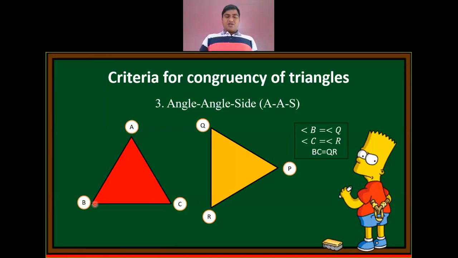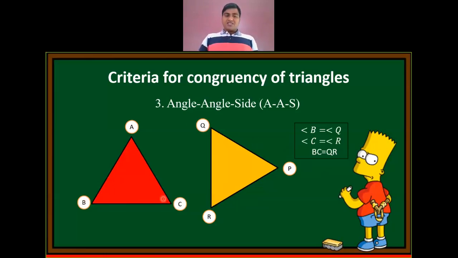So this side is the included side, but in this congruency, the side may not be an included side. Because if angle B equals angle Q and angle P equals angle A, then automatically we can say that angle C equals angle R, because angle C is 180 degrees minus the sum of A and B, and angle R equals 180 minus the sum of angle P and angle Q. But angle B equals angle Q and angle A equals angle P. So 180 degrees minus the sum of these two angles and 180 degrees minus the sum of these two angles are equal.